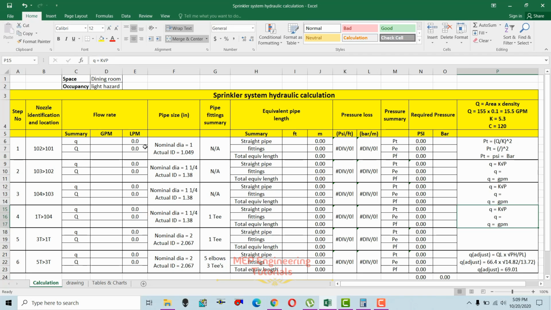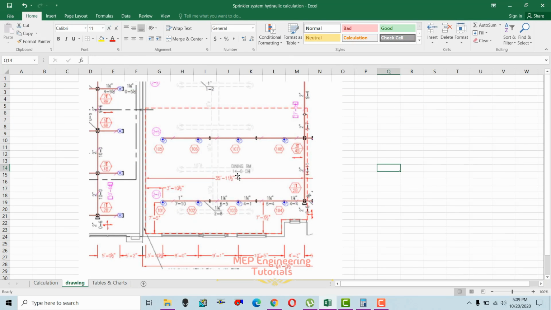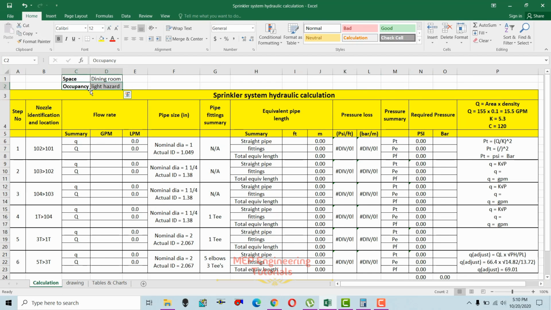Whenever you are performing the hydraulic calculation, you have to check the space. What kind of space is this? According to that, you have to select the fire hazard occupancy. The space in the drawing is a dining room, so it's covered in the light hazard occupancy.